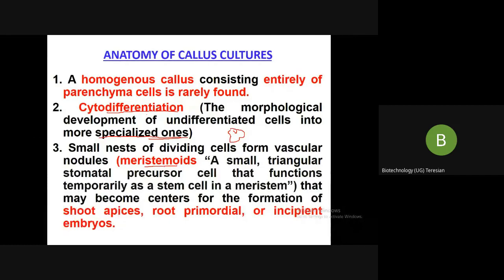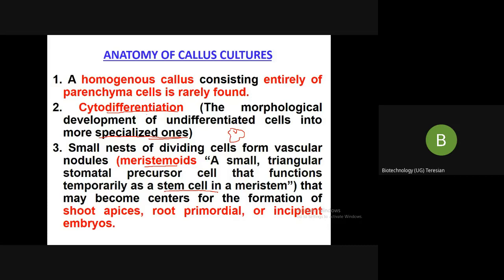What is a meristemoid? A small triangular stomatal precursor cell that functions temporarily as a stem cell. From the stem cell, different organs are formed: your hands, legs, or whatever the anatomy of your body is.